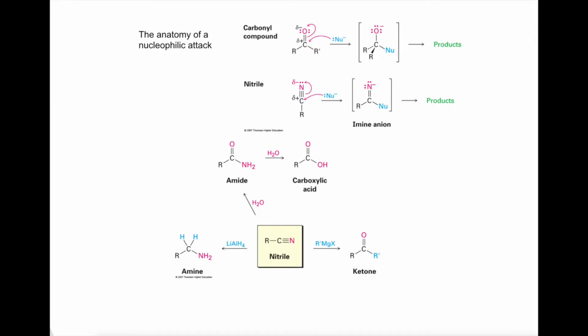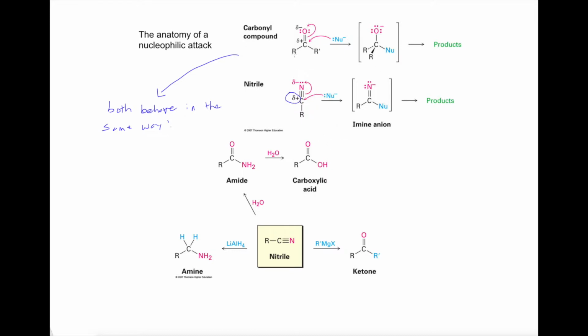So let's briefly pause for a minute and look at how nitriles react. We already talked about this, but I'm just going to show you again in similar terms as with carbonyls. Notice that they undergo this addition here, right? Both of these behave in the same way, in that we have addition at either the carbonyl carbon or, in nitrile's case, the nitrile carbon.